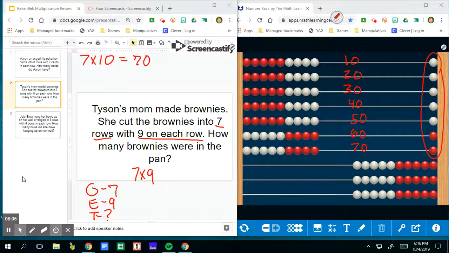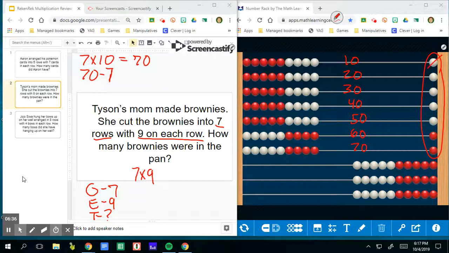Now, I need to take away these 7 extra ones that I added on to make the 10s. So, I'm going to do 70 minus 7. Because I had 7 extra ones. So that was 70. Take away 1 each.